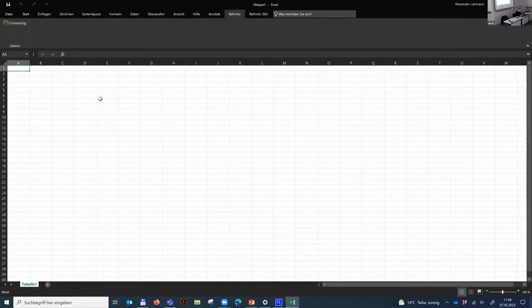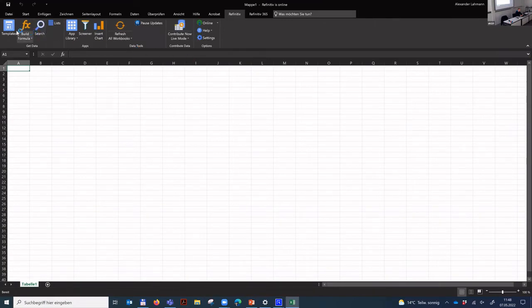So, signing in, and then it opens up. You have there the full-fledged access to Refinitiv, so that you can download data in real time.